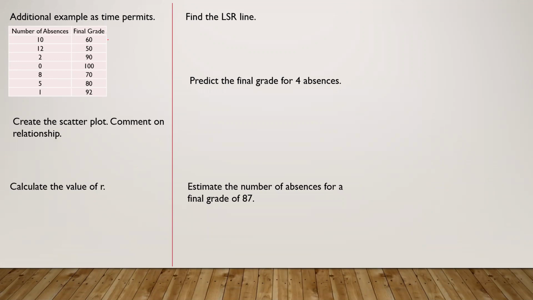The first thing you need to do is figure out what the explanatory variable is and what the response variable is, y. Which one do you think is the explanatory variable here? Does final grade explain the number of absences, or does the number of absences explain final grade? I agree. So my x here is the number of absences.